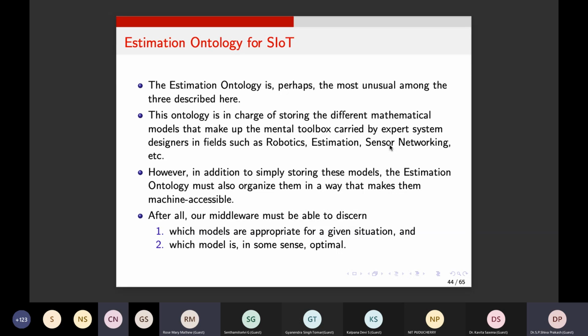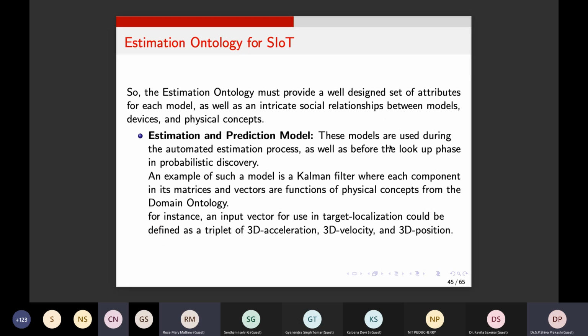So it's not just storing the data, rather we have to access that data and find which is applicable for us, right? So the estimation ontology must provide a well-designed set of attributes for each model, and also an intricate social relationship between the models, devices, and also the physical concepts.